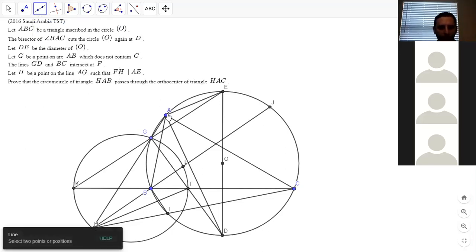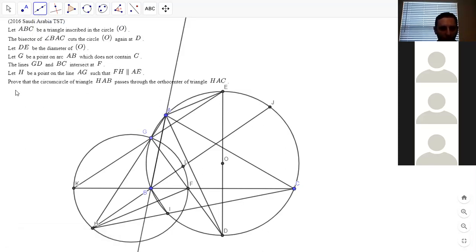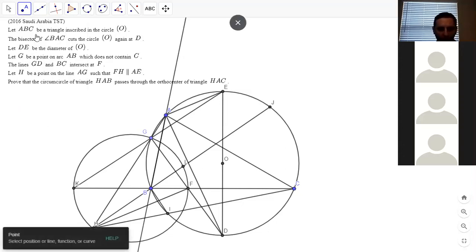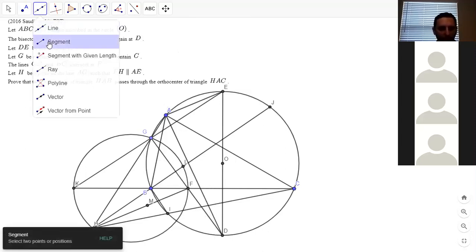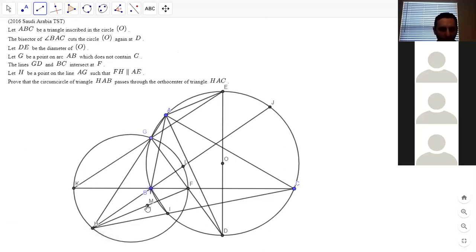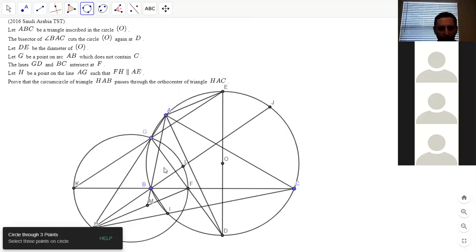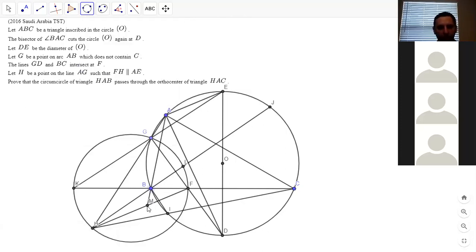So basically, if we draw this point, we want to show it's the in-center of HBI. Maybe we could use the in-center x-center lemma. Let's see if BMIF is cyclic. I have a feeling this might be the in-center x-center lemma. Ah, it's not. Okay.